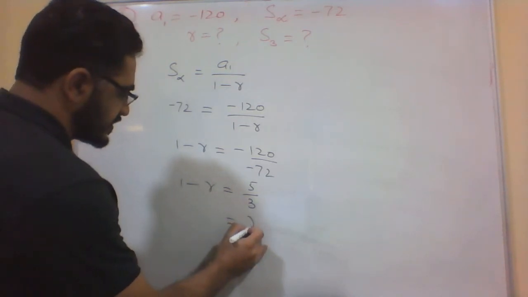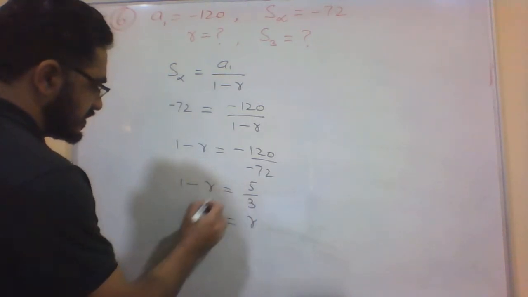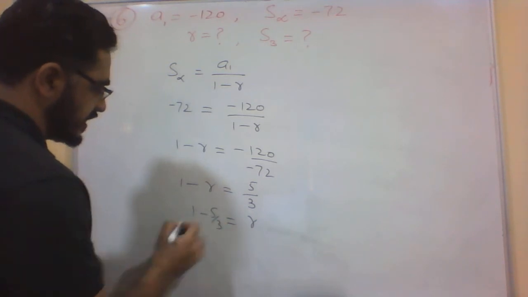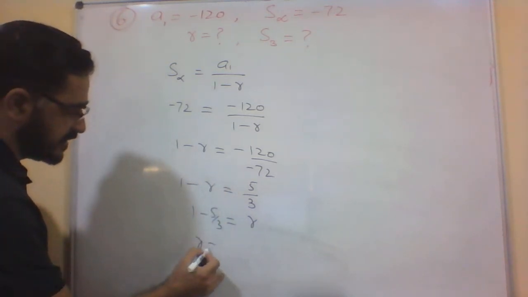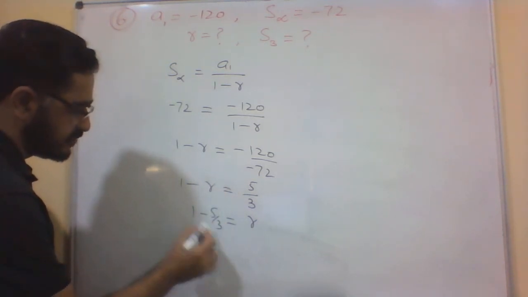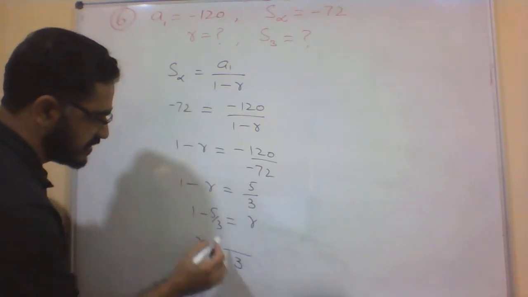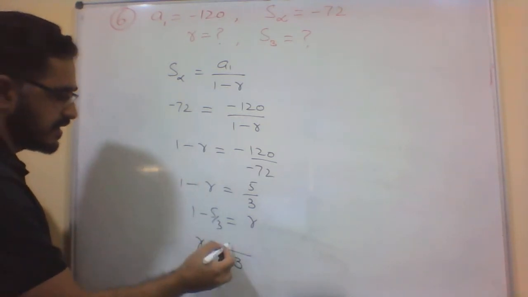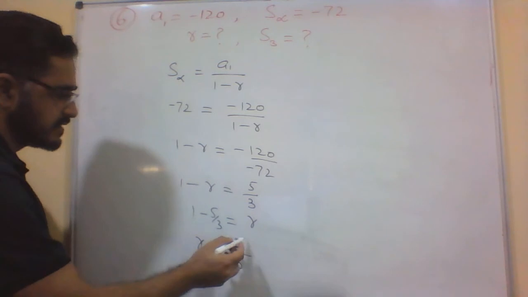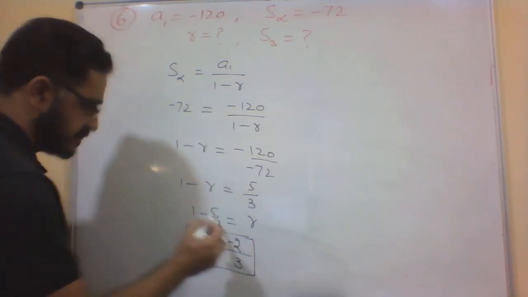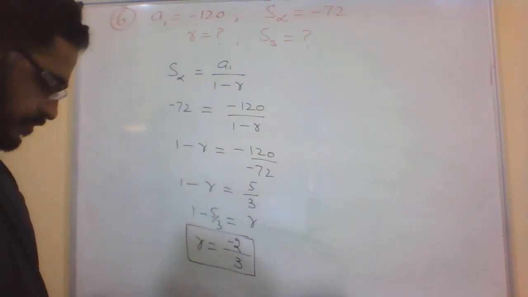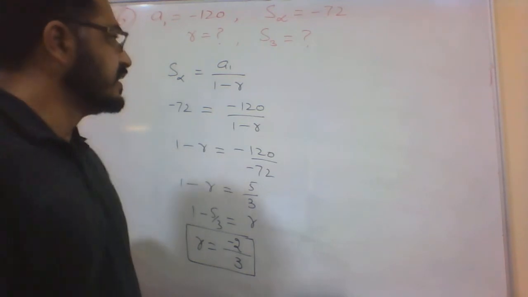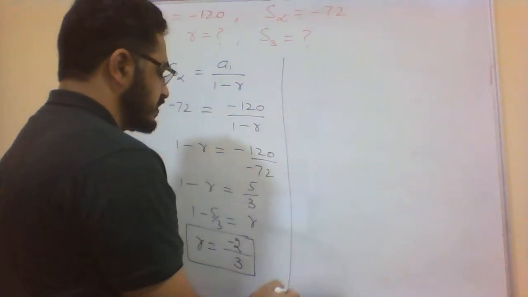Then minus r to the other side is plus r, this 5 by 3 this side is minus 5 by 3, r will be equal to, taking the LCM, all divided by 3, 3 into 1 is 3, 3 minus 5 will be minus 2 by 3. So r here is minus 2 divided by 3. This was the first thing to find.